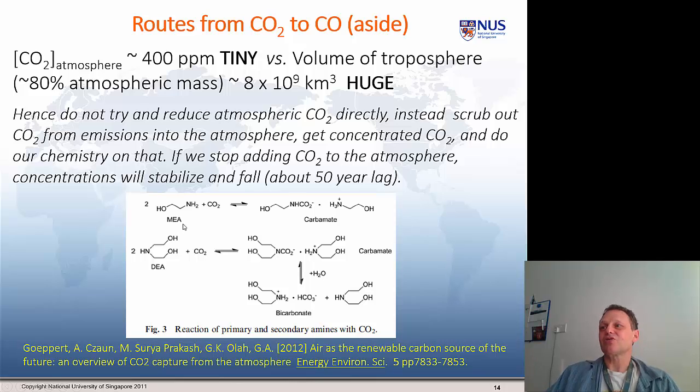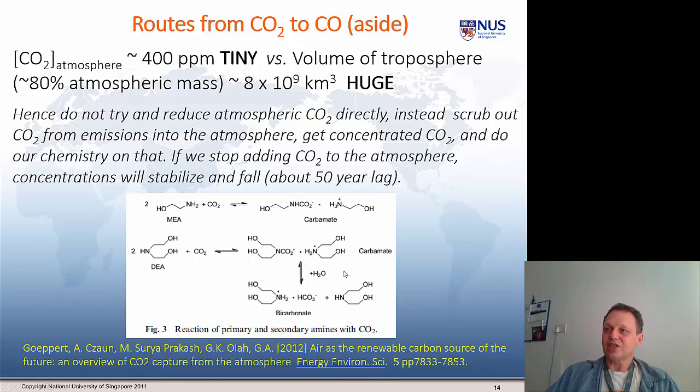So this is a carbon dioxide scrubbing system, and it's used typically for carbon capture and storage. But from this, you can produce north of 90% carbon dioxide. That's something, as chemists, we can get our teeth around. We can work with that, and that's fine.